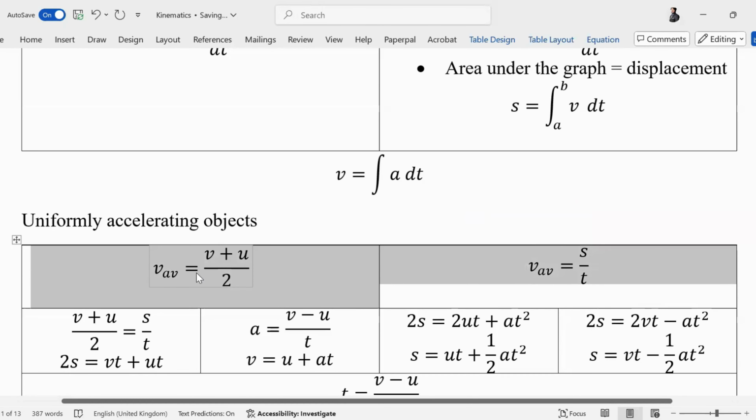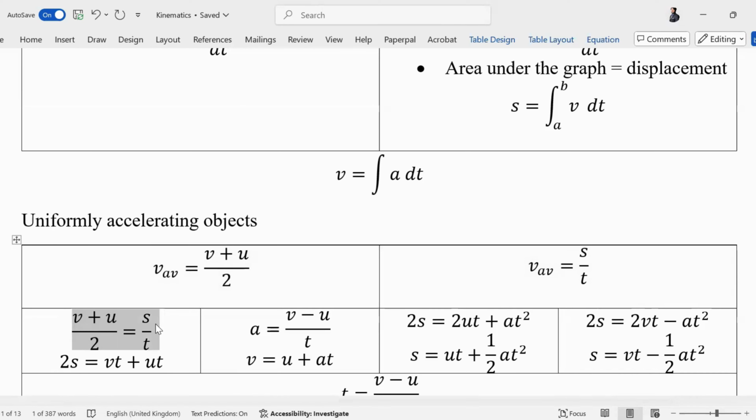Is this clear? So there are two ways of finding the average velocity, which is v plus u upon 2. कब? Uniformly accelerating objects, and nowhere else. कहीं और मत लगा देना. And average velocity can also be found by taking the total displacement divided by time taken. Because both of these are average velocities, can I equate both? Area of graph is actually displacement.